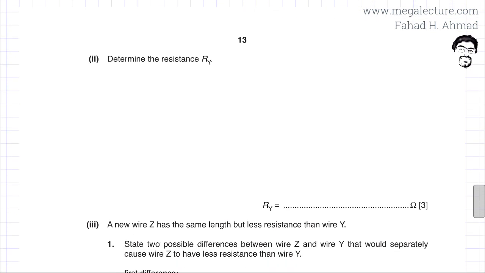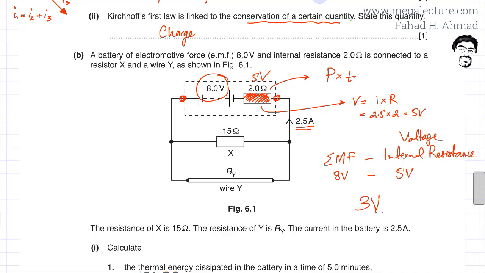Now this resistance Ry needs to be determined, so let's go back to our diagram first. One thing we have figured out so far is that the terminal voltage is 3 volts, which means that since these two resistances are in parallel, the voltages are the same.